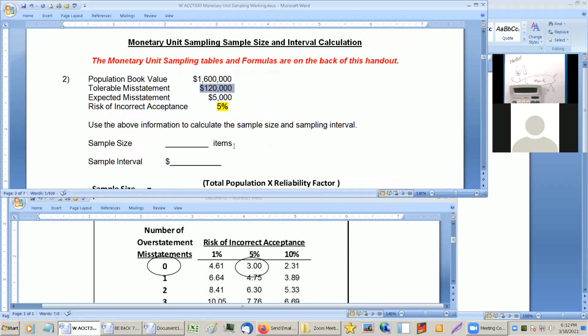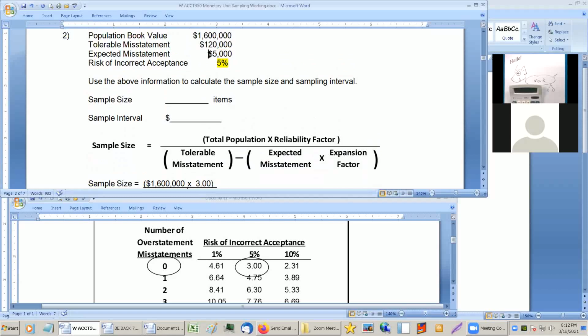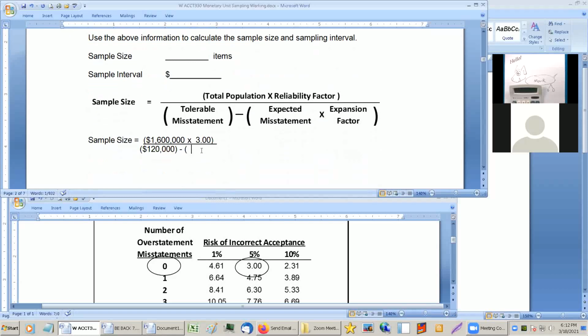Okay, so tolerable misstatement is 120,000, minus the expected misstatement, which is 5,000. Again, if this is confusing, it should be. This is the first time we've ever seen this.